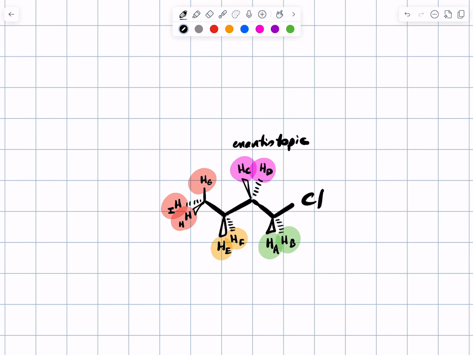So are CH2 groups always enantiotopic? No, it depends. For example, I showed you propane.